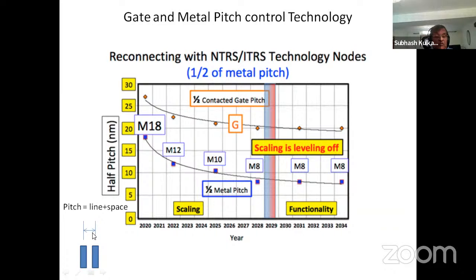So half of the pitch is like the width of the line if line and space are equal. In 2020, this is about 27 nanometers, and it's going to go down to about 20 nanometers in progression. Same thing for metal. It starts at about 18 nanometers and goes down to about 8 nanometers.